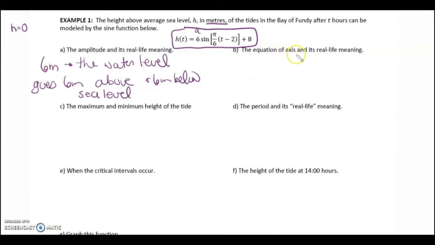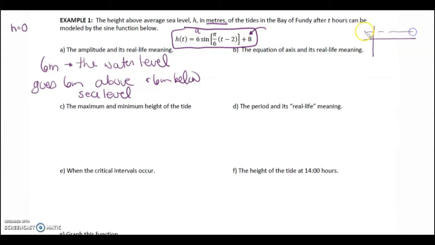Okay, the equation of axis and its real life meaning. So the equation of axis in this is actually 8. So maybe for the scope of this question, they're interpreting the sea level as 8, like the resting level. Yeah, and that's exactly what it is. Because if you think about the curve, right?